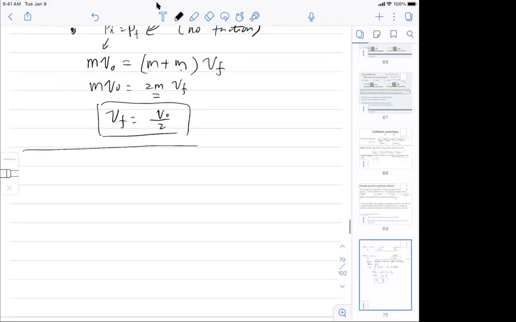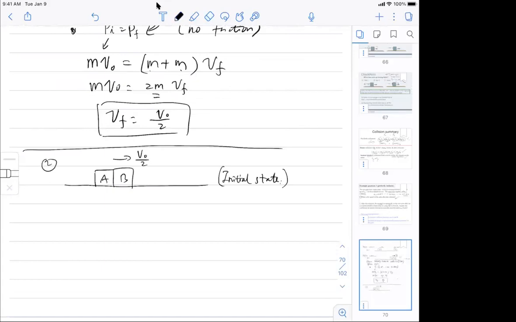So the second part of the problem, I'm going to draw. All I care about is that I see A and B moving together with V naught over 2. You can still call that Vf, but since you solved it, you can call it V naught over 2. I call this my initial state of the second problem.